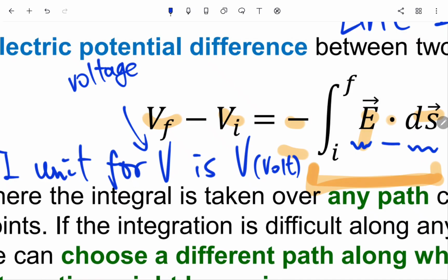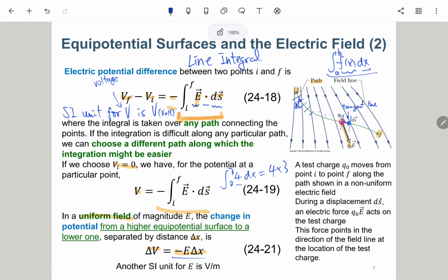Even though a PhD student in ECE can distinguish volt and voltage, it is easy to remember: the SI unit for V is V itself, although the full names are different.